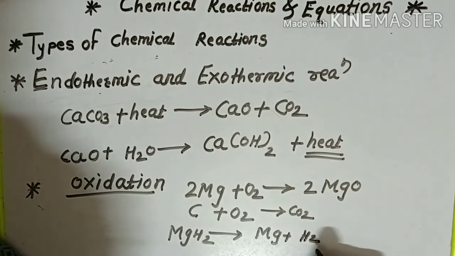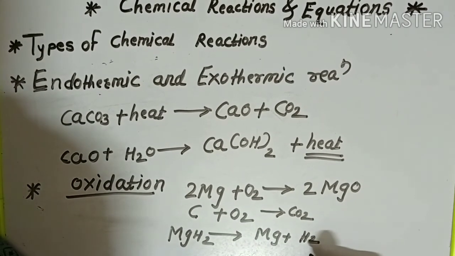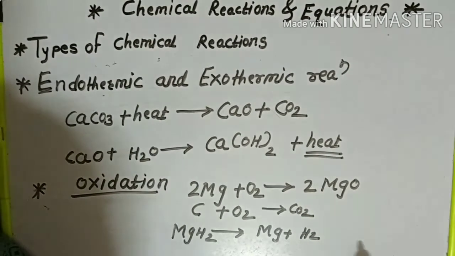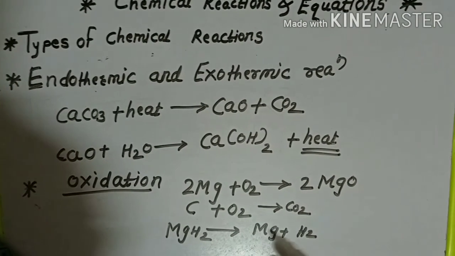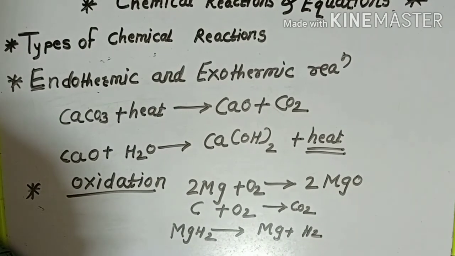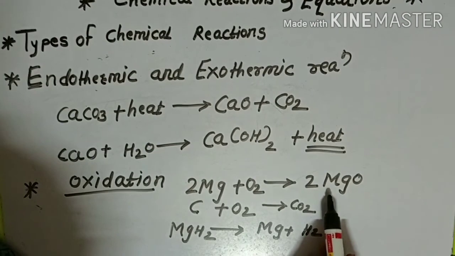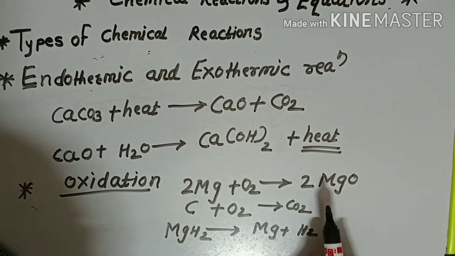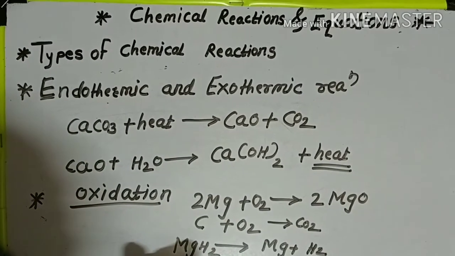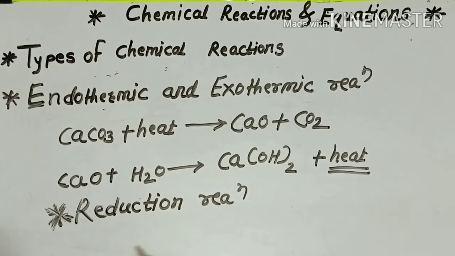Here there is losing of hydrogen. This type of reaction is also called an oxidation reaction. So how can we define it? The chemical reaction in which a reactant combines with oxygen or loses hydrogen to form the product is called an oxidation reaction.